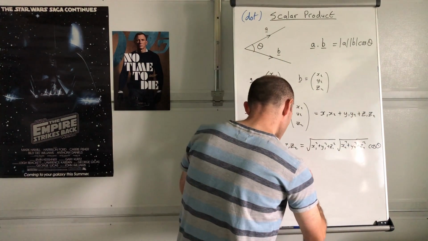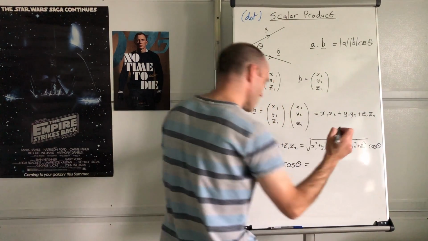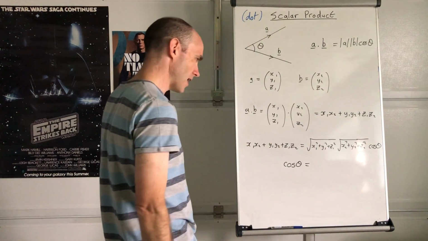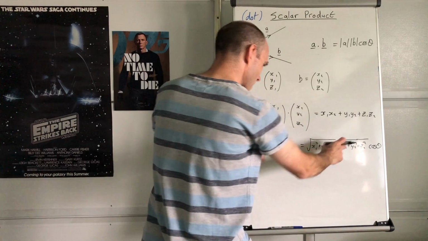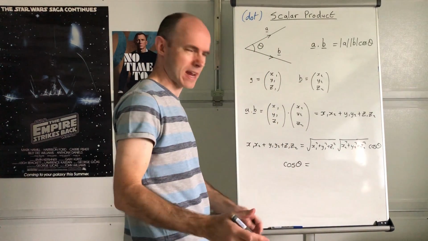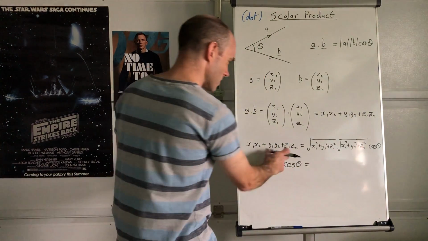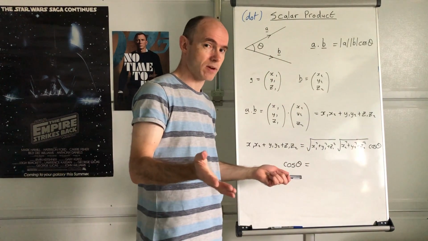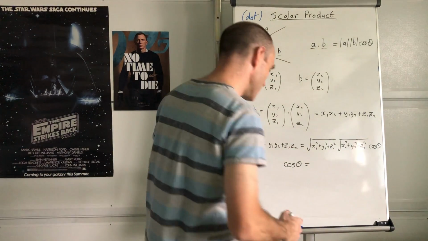Your job is then to rearrange that and work out what cos theta is. It's just going to be that divided by that. I'm not going to write that down. Then you've just got a number, so use your calculator to work out what theta is.